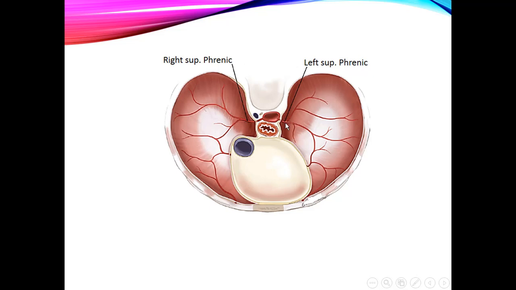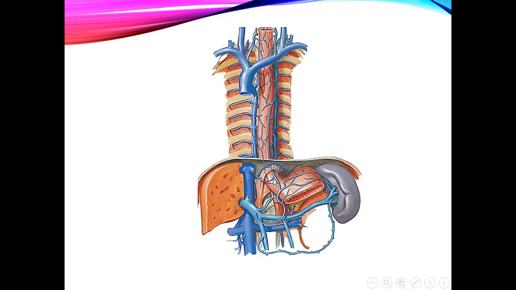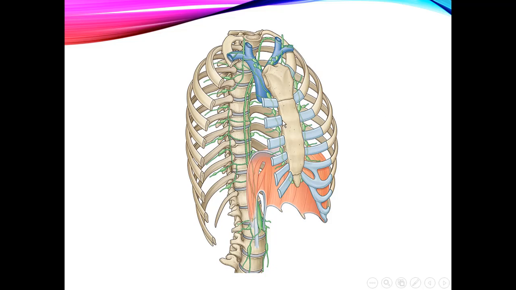Here are the superior phrenic arteries on the superior surface of the diaphragm, originating from the thoracic aorta, and as you see, branches from these arteries supply the pericardium. Its venous blood drains into the azygos, and its lymph drains anteriorly to the parasternal lymph nodes and posteriorly to the para-aortic and paraesophageal lymph nodes.